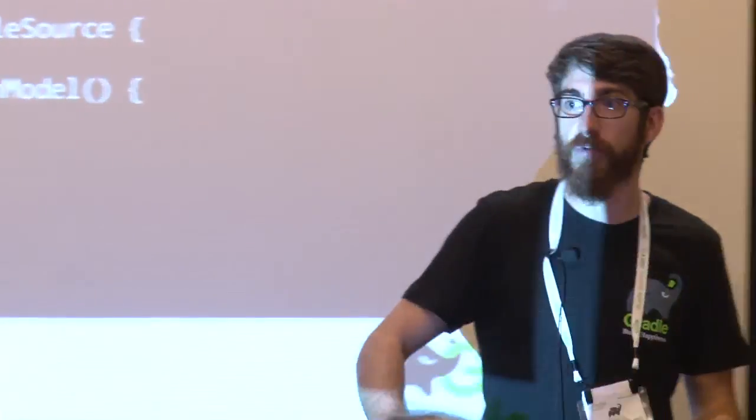So I'm not going to execute any of the rules until I actually execute a build, and then I'm going to say, okay, I'm going to apply all the plugins, but really that's not going to do anything. And then I'm going to evaluate the rules in the correct order. So it actually doesn't matter what order the plugins get applied in, because they've been applied by the time I evaluate the rules. If that makes sense. Yes?